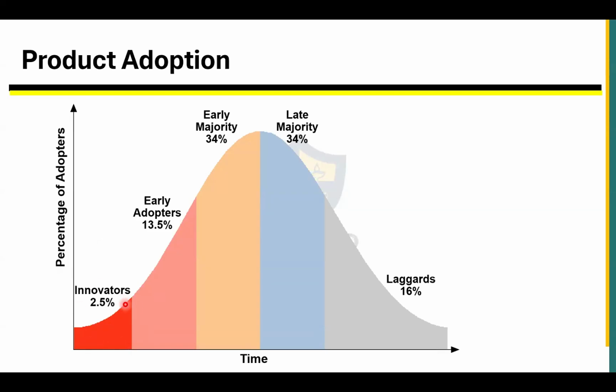But if you take iPhones or even the Samsung Galaxy series, there is a higher percentage of innovators. These innovators are used to the brand, and they want to show everyone else, I am the one who purchased this first.